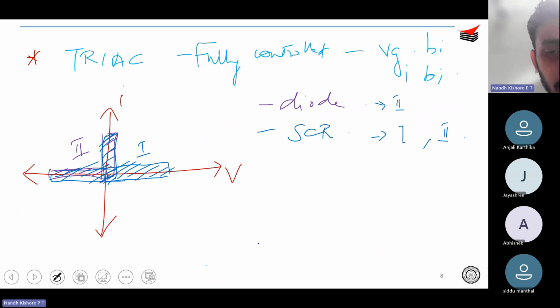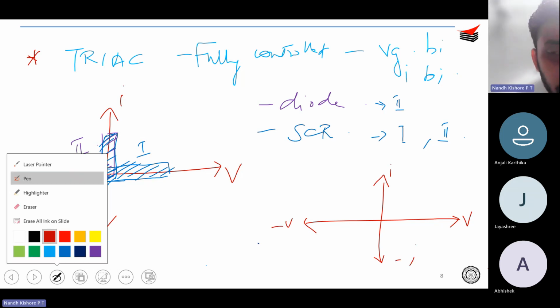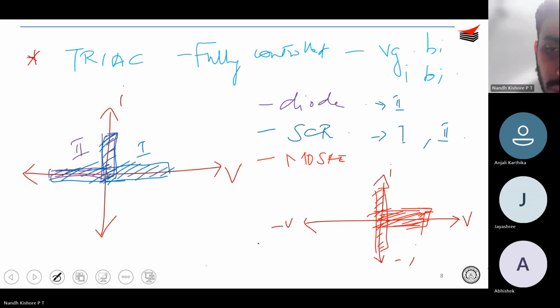What about MOSFETs? For MOSFET, you will see that the operation is current bidirectional, so it is in the first and the fourth quadrant.